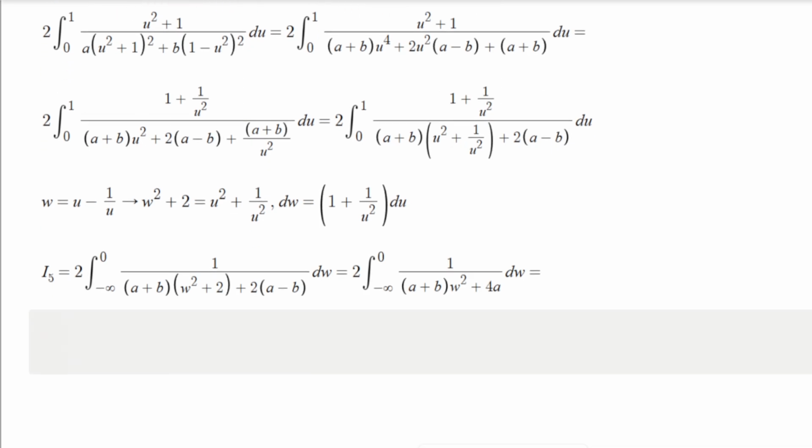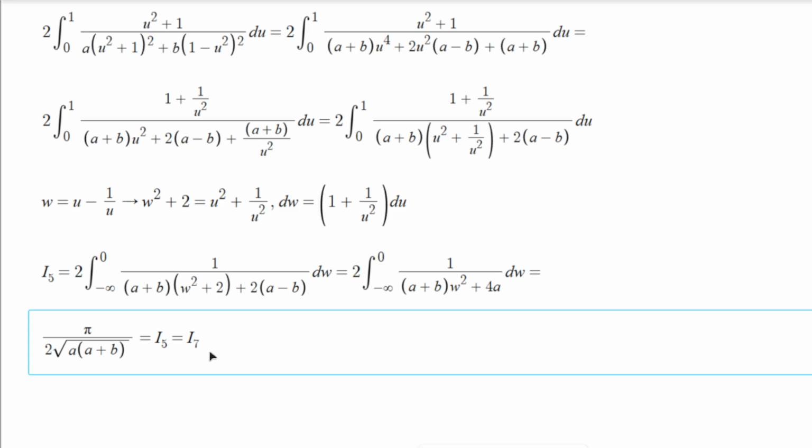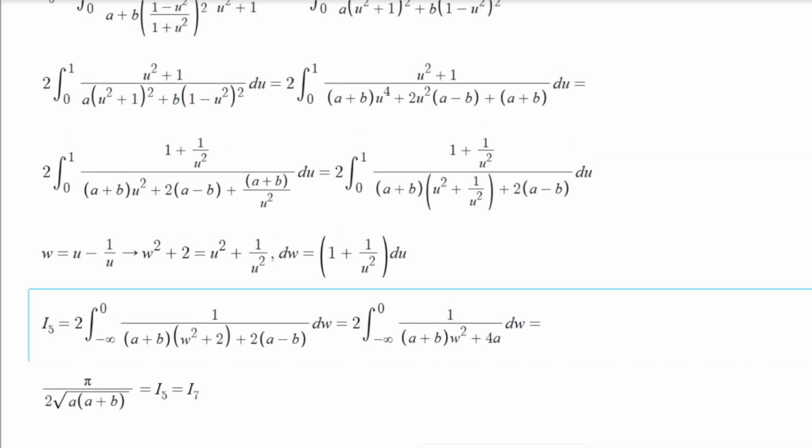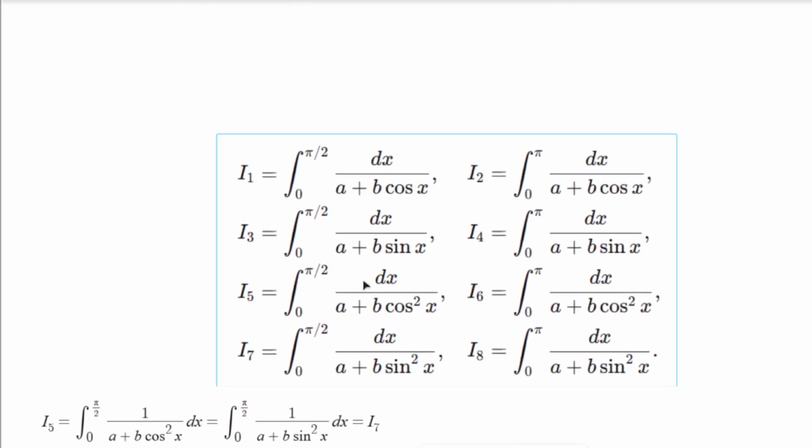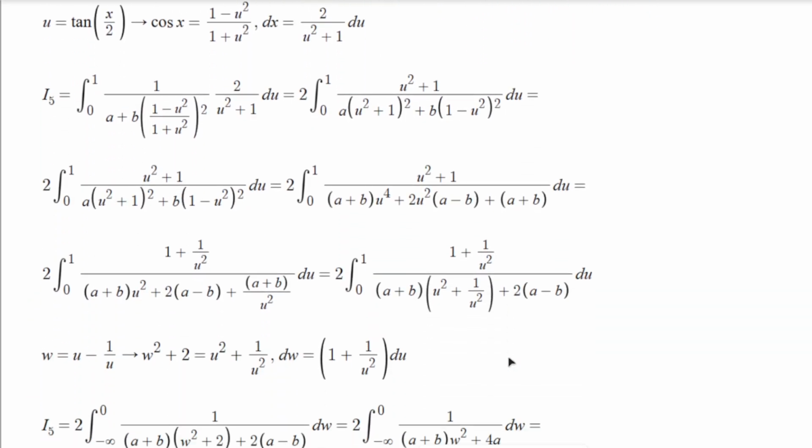And evaluating that at the bounds will give you pi over 2 square root of a times a plus b. So that is the value of our fifth and seventh integral. That right there is this and this. It's the value of that and that.